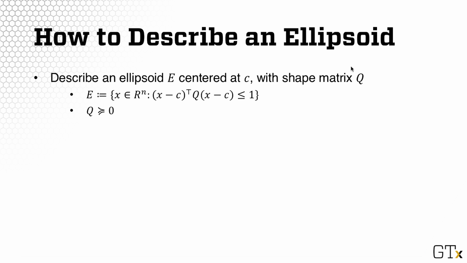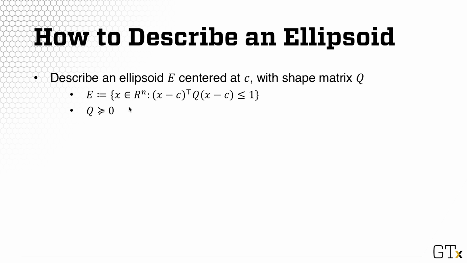That matrix is called Q. So Q is an n by n matrix, and furthermore, Q has to be positive semi-definite or positive definite. Given these two, the ellipsoid is described as the set of points x such that (x minus c) transpose Q (x minus c) is less than or equal to 1.